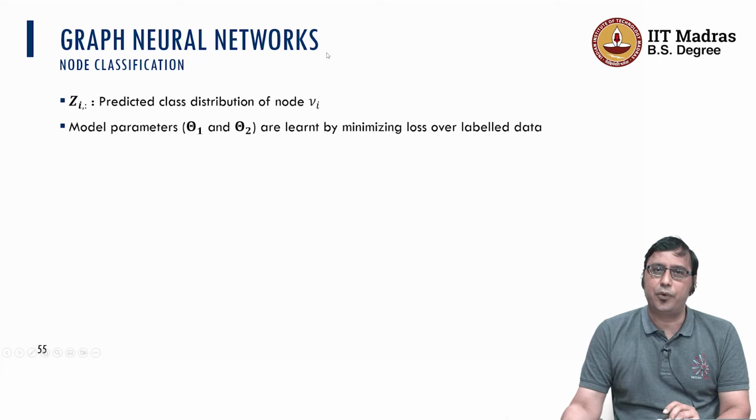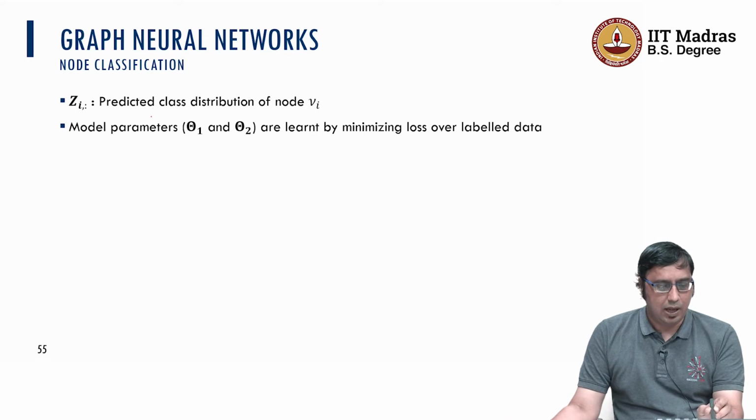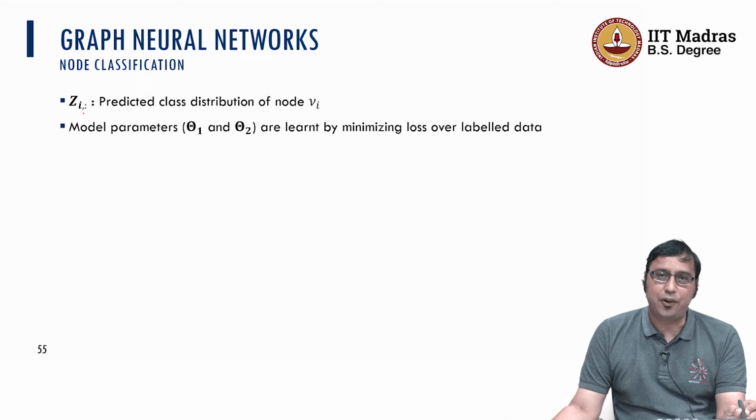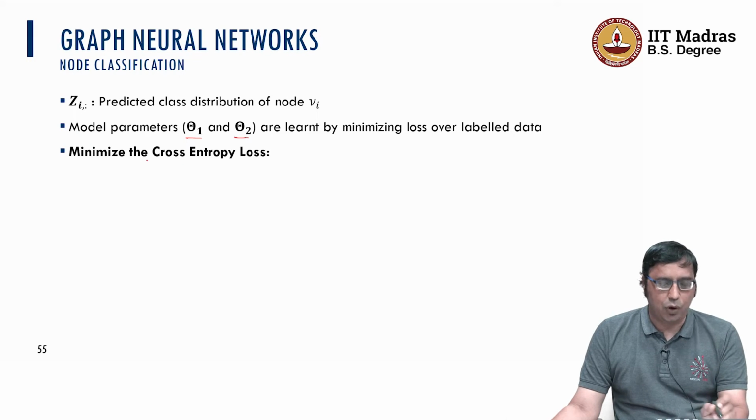And now what we want to do is, we have a set of nodes for which we know the class, or we know the label. Hence, we can use those nodes with labels to learn parameters theta1 and theta2 by minimizing a loss function. So we'll use cross entropy loss.